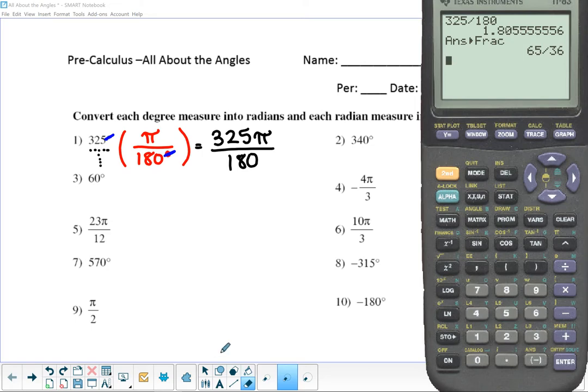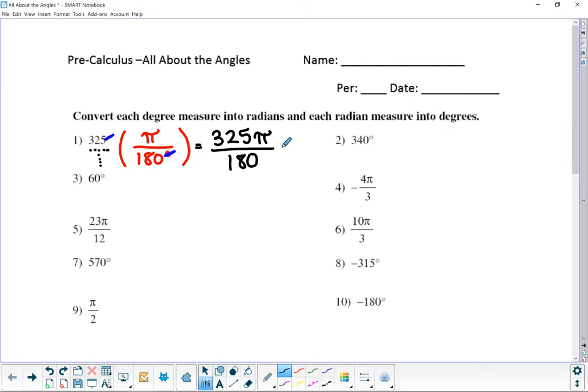So I can go from this answer automatically to 65 pi over 36. That's how you convert 325 degrees into radians: 65 pi over 36. You can use a calculator, and it can help you greatly with your time.